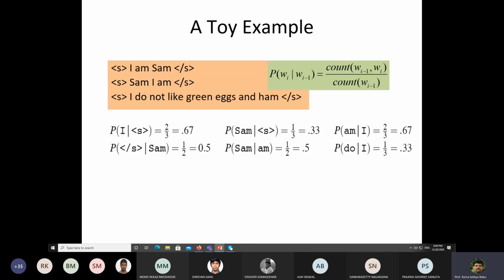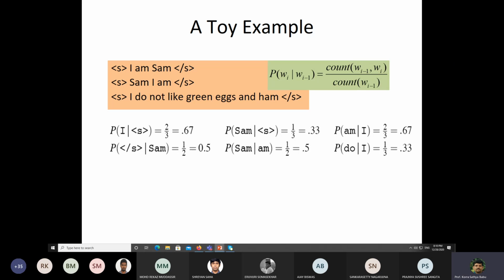Out of 3 sentences, 2 sentences start with I. So this is 2 divided by 3, that is 0.67. This is the probability estimate of I given the start of the sentence symbol: 2 times, I occurred after the starting symbol, out of 3 sentences.